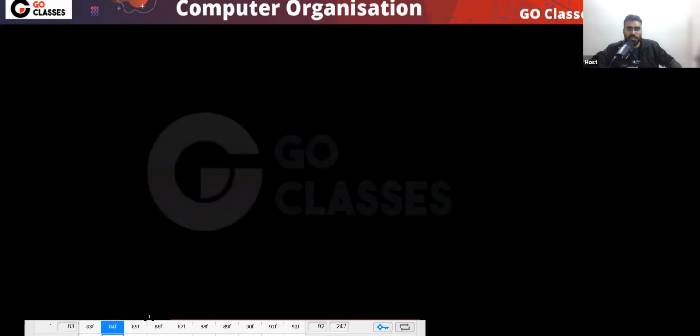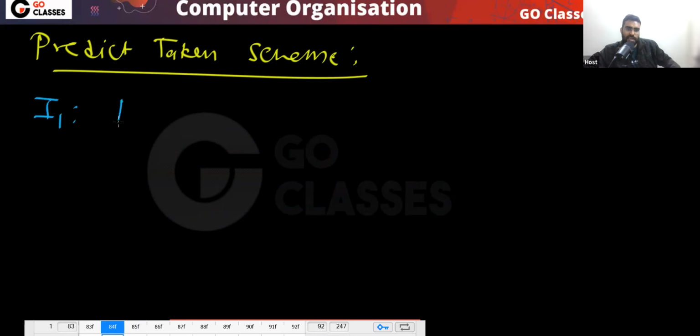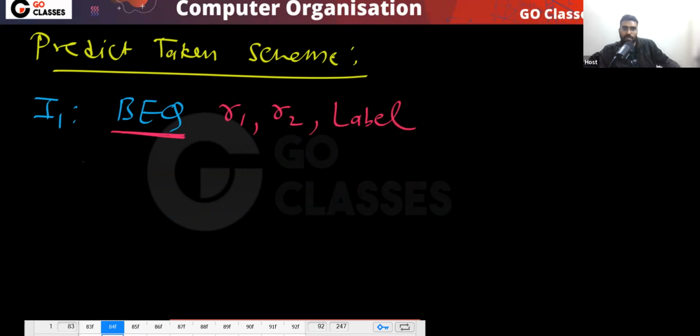Without checking, please understand this predict taken scheme. Suppose your instruction I1 is branch if equal R1, R2: if these two are equal, then go to label.